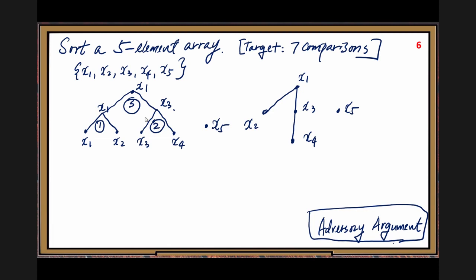So we need to worry about x5 greater than x2. We do not worry about x5 less than x2. That's the idea. If you fight against the adversary all the way down the road, eventually you will beat the worst case. You will solve the worst case.